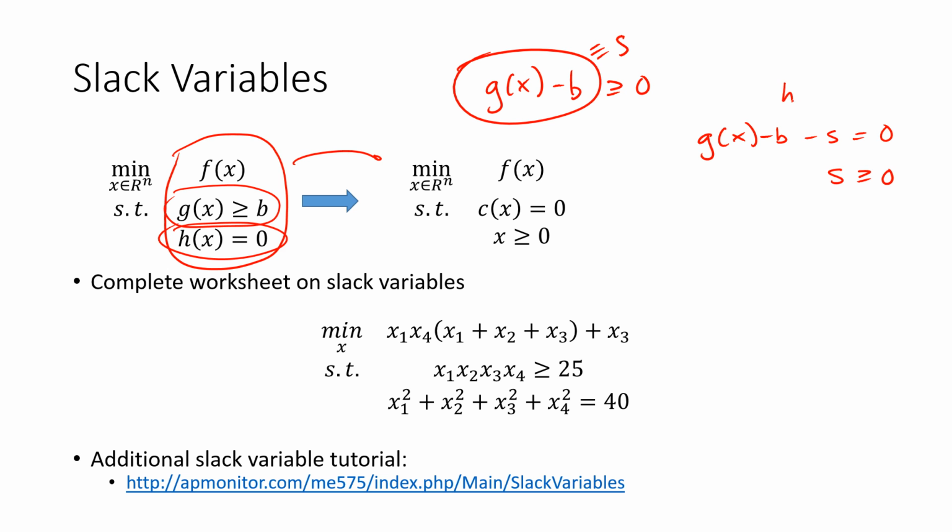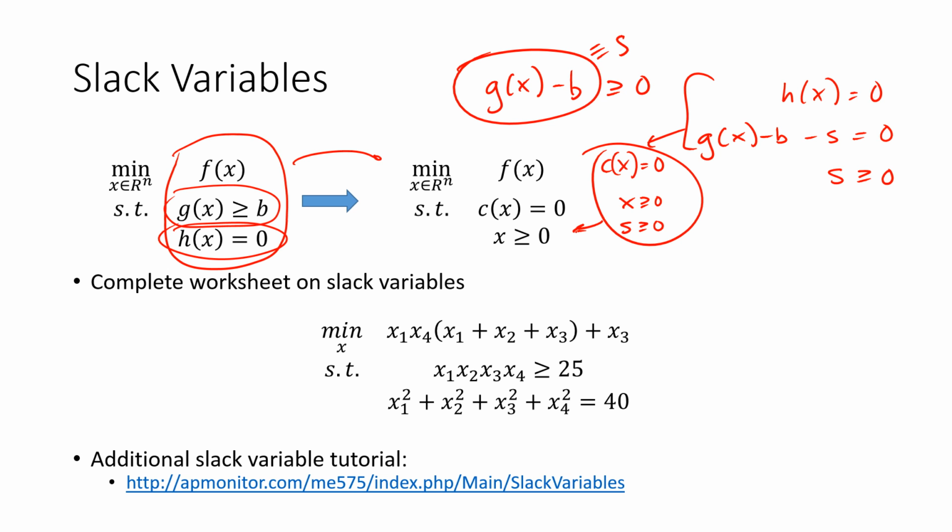And then we also have our h of x equals 0. These become the c of x equals 0, and then we have x greater than or equal to 0 and s greater than or equal to 0. So we've converted that into this general form as shown here.